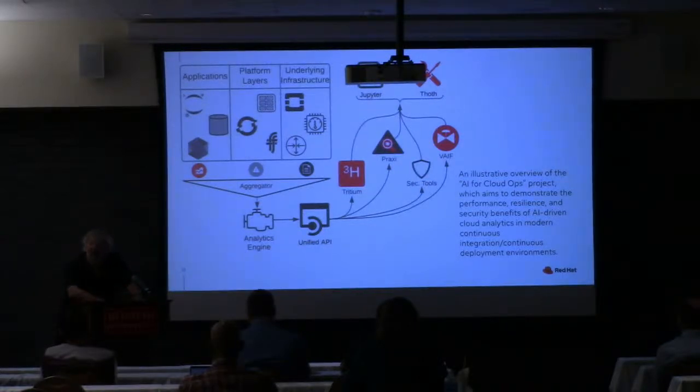They're all feeding various metrics, being aggregated, going into an analytics engine. It puts out a unified API. And then there's a bunch of open source tooling ending up with Thoth, which is pipelines for OpenShift, Kubernetes-based OpenShift. And this is some of the work that is going on in this area.